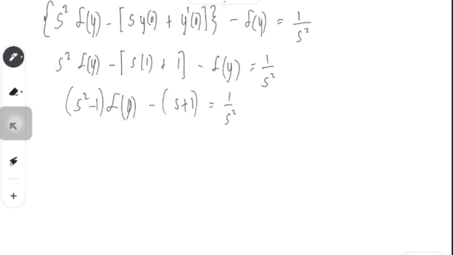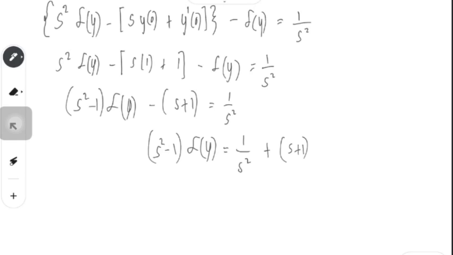But since we are interested on the function, no, lipat natin yung s plus 1. Doing so, we have s squared minus 1, the Laplace transform of y is equal to 1 all over s squared plus the quantity. Negative yun eh. When we transpose, it is positive.